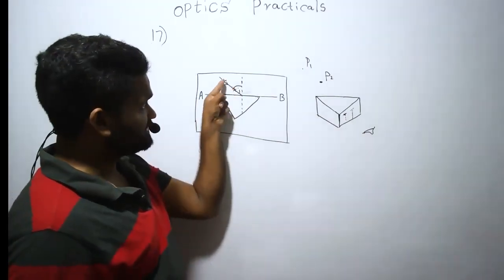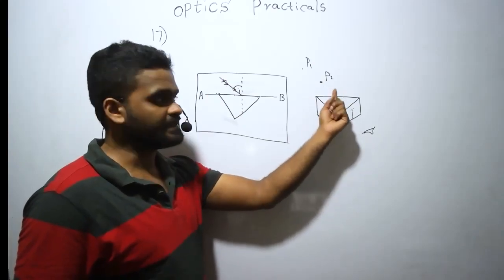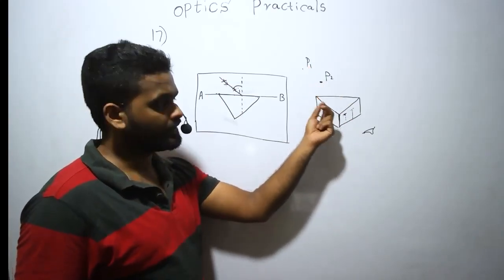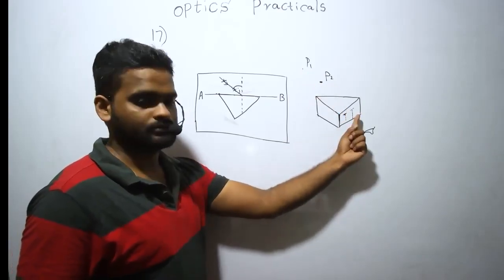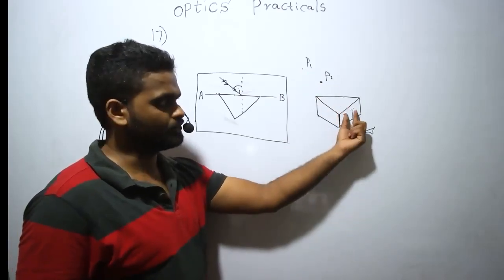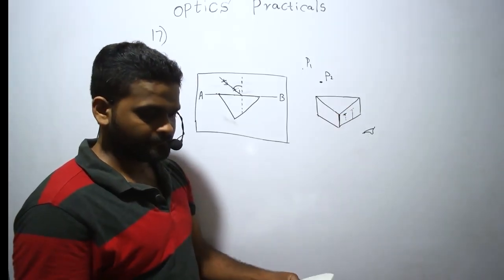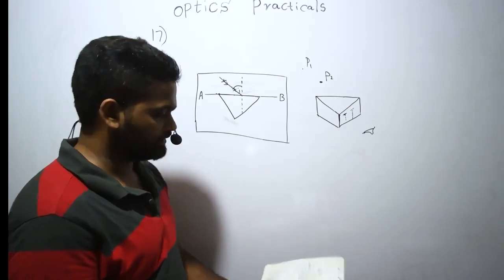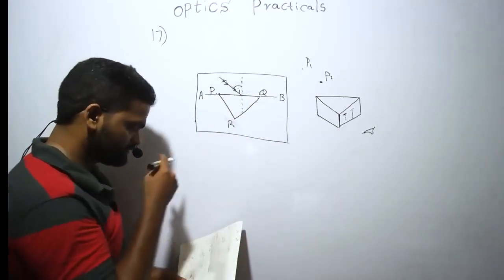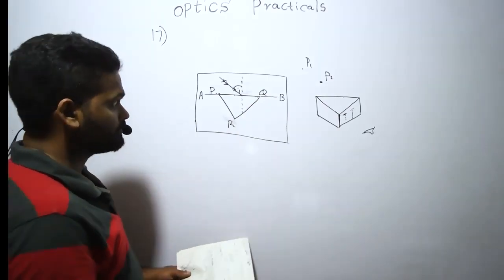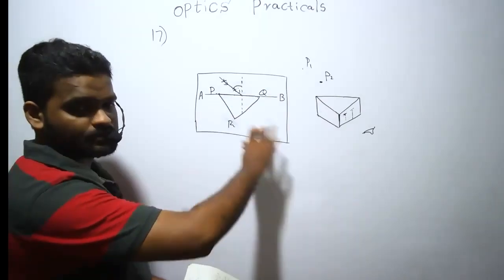You place 2 pins here. So you are looking at these 2 pins, but you cannot see these pins, right? What you see, when you look through this prism, are images of these 2, in 2 different places, right? Let's say this one P, this one Q, and this one R. Just draw these 2.